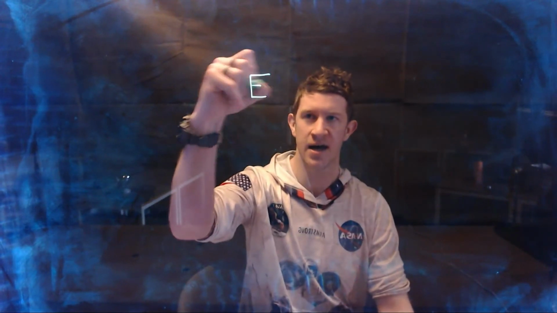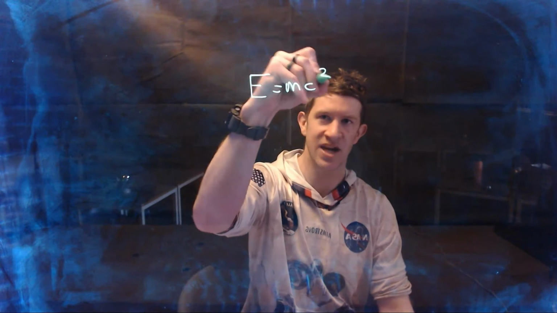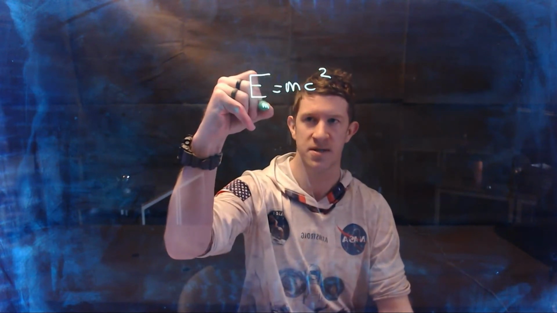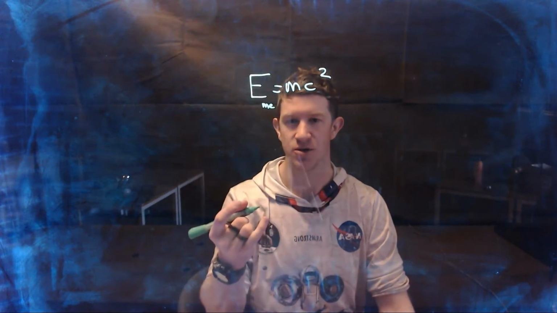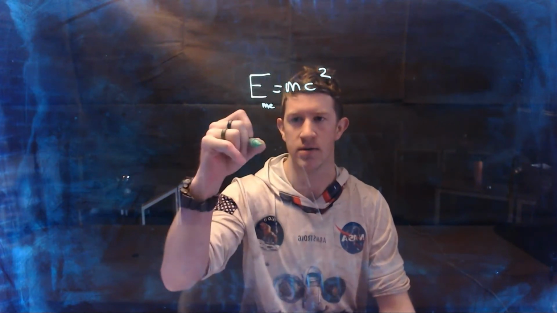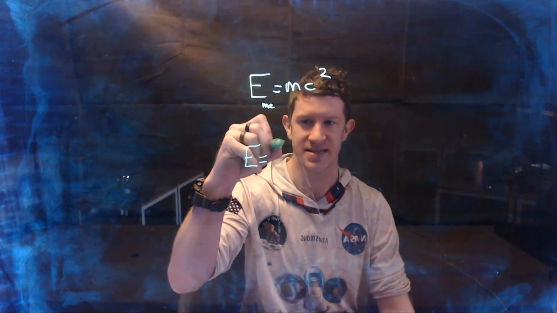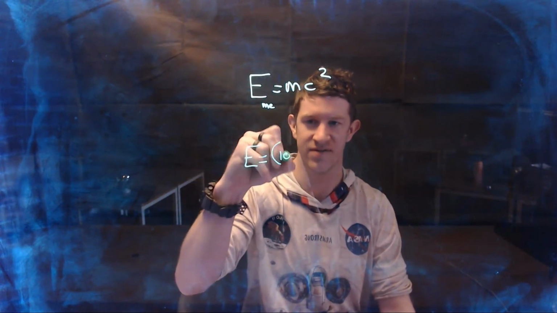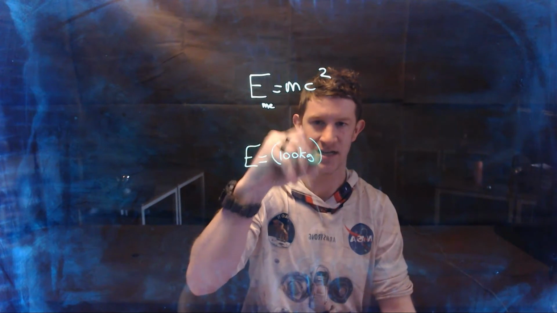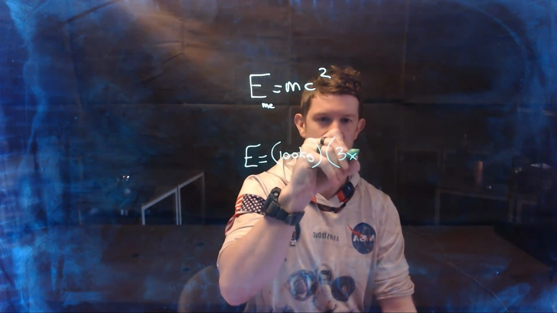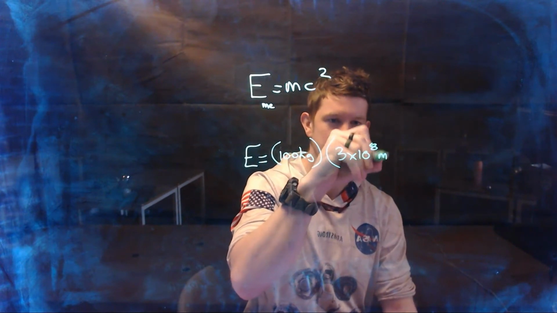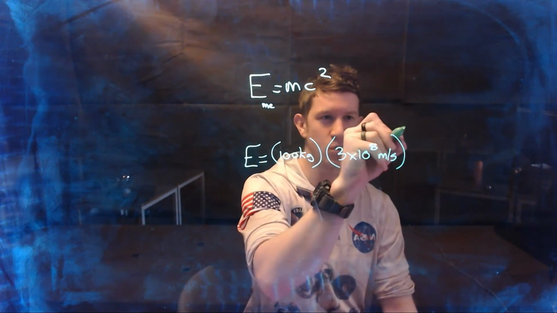If we use our E equals mc squared equation, let's say we'll use me as an example. How much energy do I actually have to give as an energy source? Well, it's just equal to my mass, which is conveniently enough a nice round 100 kilograms, times the speed of light squared. So the speed of light is 3 times 10 to the 8 meters per second, and we square that.